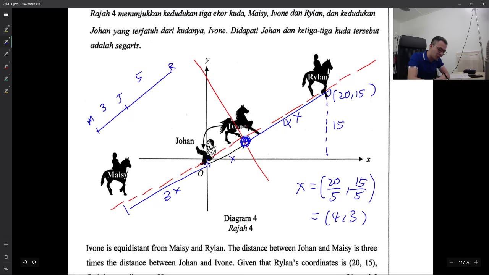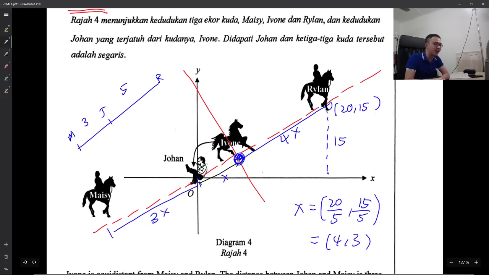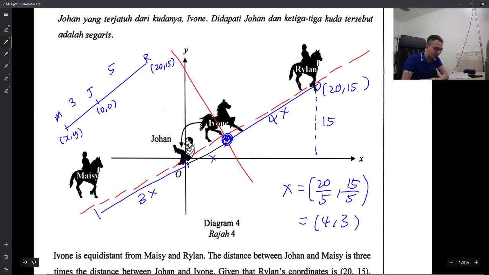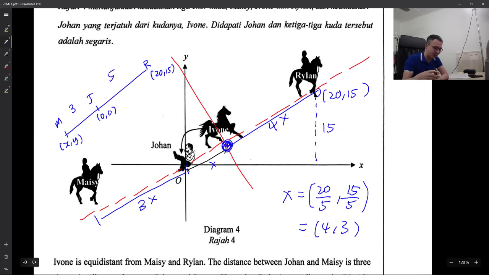And I have some coordinates at least. This is 20, 15. And then this one will be 0, 0. And then this one will be x and y. Then I will use the ratio formula to solve this thing. But we are not finding the J, we know the I is basically a midpoint. So we will do that after that.